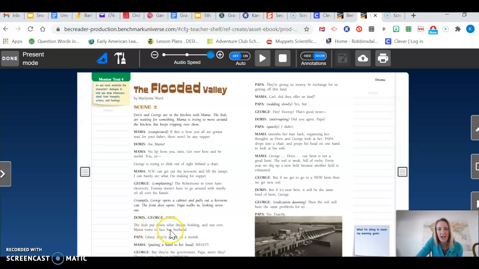The kids put down what they're holding and run over. Mama turns to face her husband. Ginny, they're giving us a month. What? They're giving us money in exchange for us getting off this land.